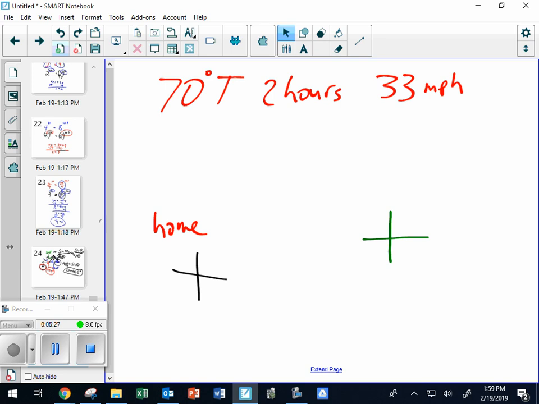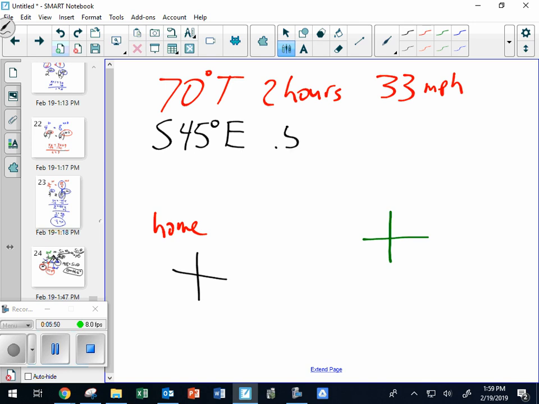So then he goes at south 45 degrees east. There's another name for that, but I'm going to let you figure it out from what I wrote. And he does that for half of an hour at his top speed of 33 miles per hour.